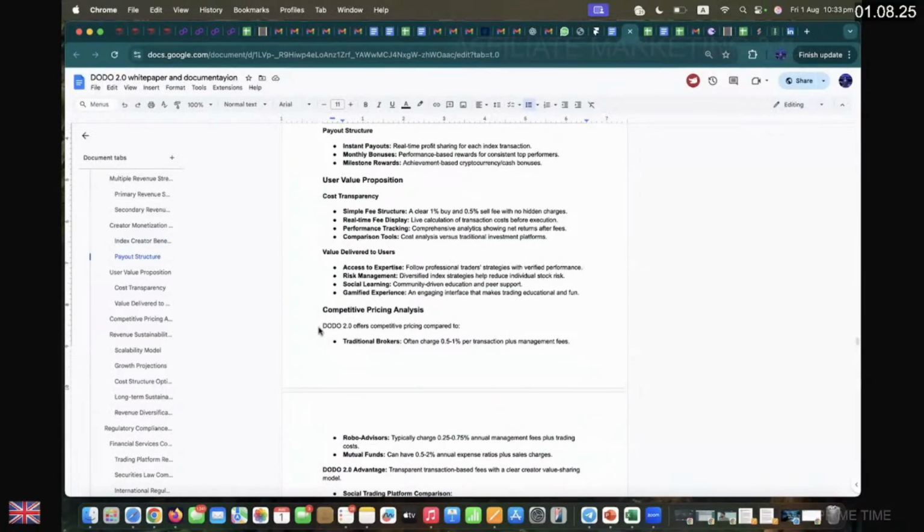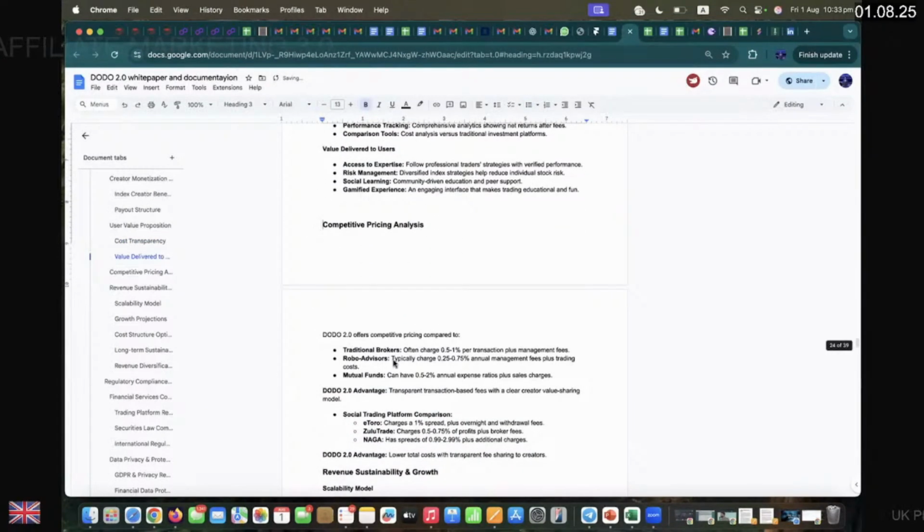Competitive pricing analysis. Dodo 2.0 offers competitive pricing compared to traditional brokers, where traditional brokers charge a 0.5 to 1% transaction fee plus management fee. Then robo advisors typically charge a 0.25 to 0.75 annual management fee plus trading cost.